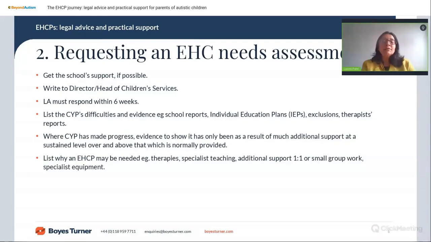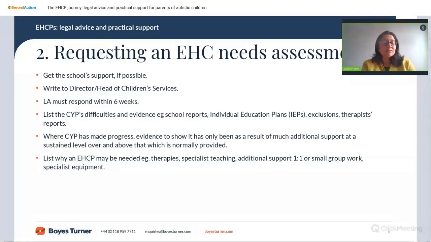Now, where the child or young person has made progress, you need to show evidence that it's been made as a result of a lot of additional support at a sustained level over and above that which is normally provided in school.